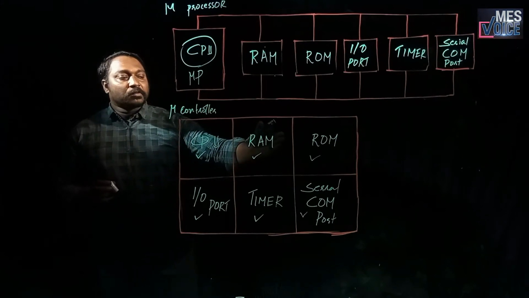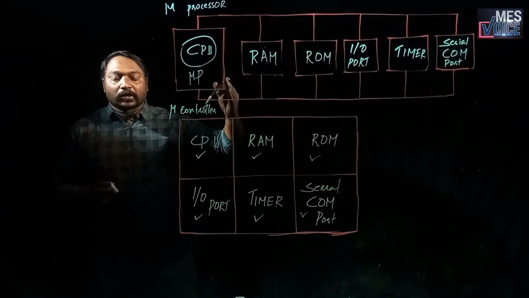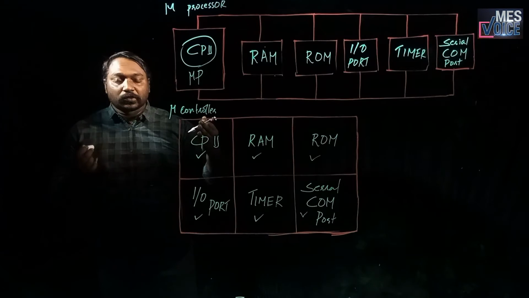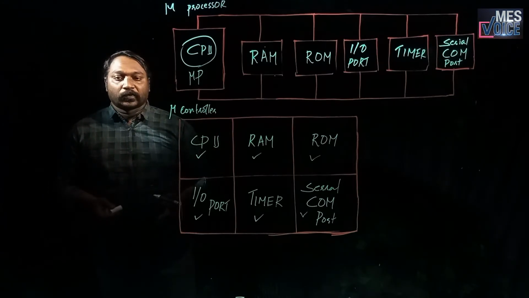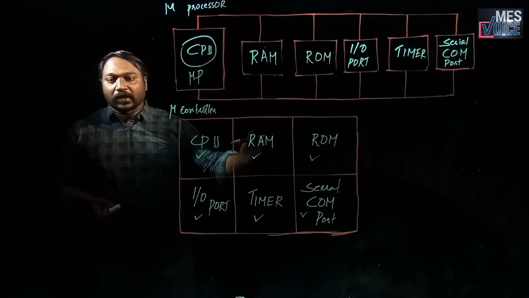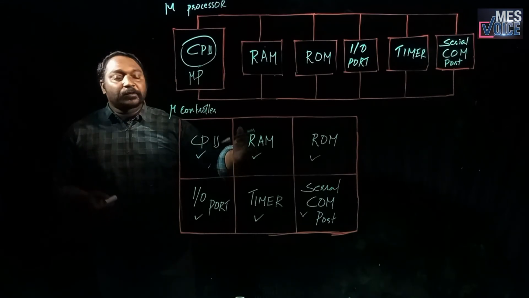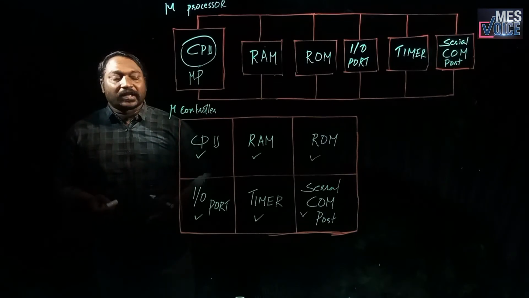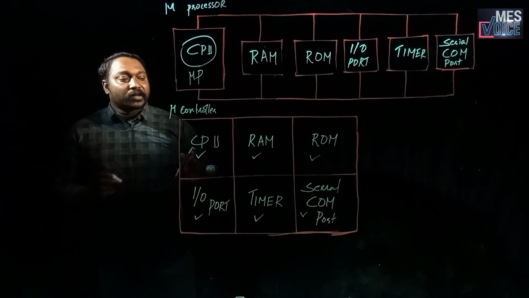In the case of ROM, we all know in a computer there is an external ROM, the hard disk, up to 2 terabytes or 4 terabytes or more. But in a microcontroller, the ROM can be 4 kilobytes, 8 kilobytes or up to 1 megabyte or 2 megabytes. With the latest technology we can achieve up to 16 megabytes of ROM.